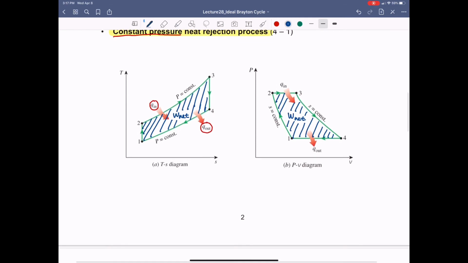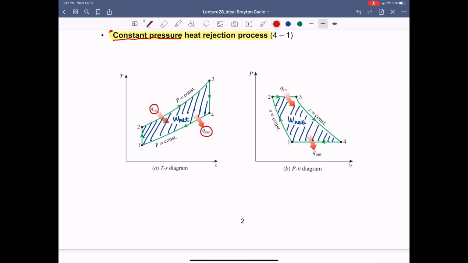Okay, so by looking at this TS diagram again, we have to really discuss the key design parameter for the ideal Brayton cycle. I hope you can remember what the key design parameters were when you talked about the Otto cycle and Diesel cycle. For the Otto cycle, we talked about the compression ratio as the key design parameter.